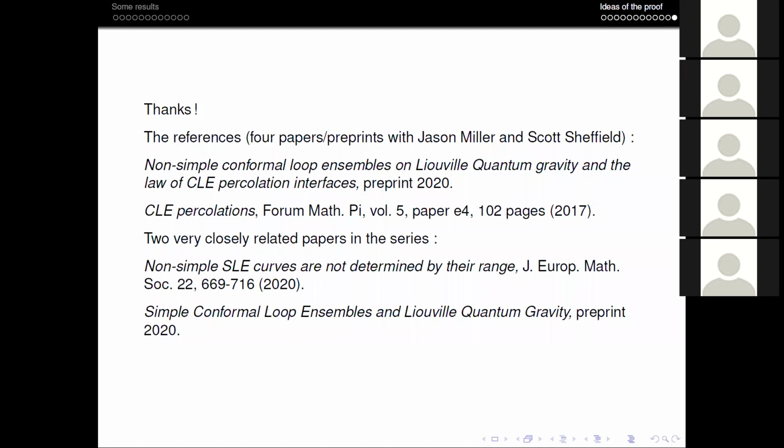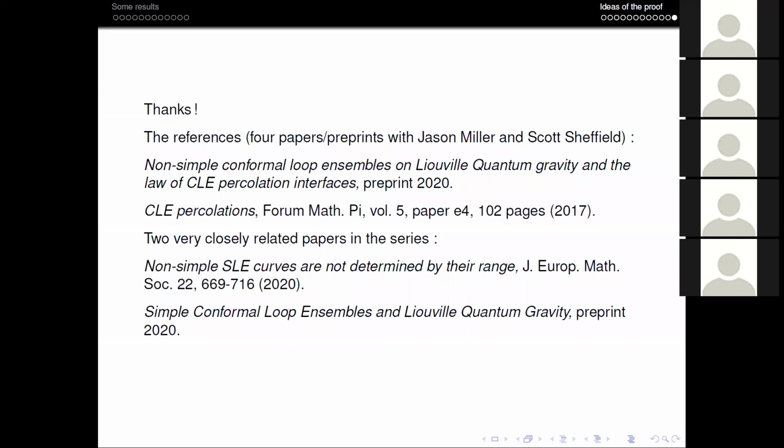So the law of the green curve is exactly describing what would be critical percolation living in the fractal domain defined as a CLE carpet, and the identification of all these possible interfaces that you get there.